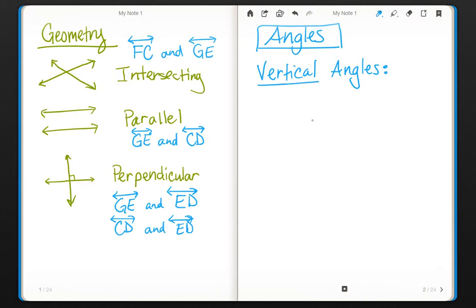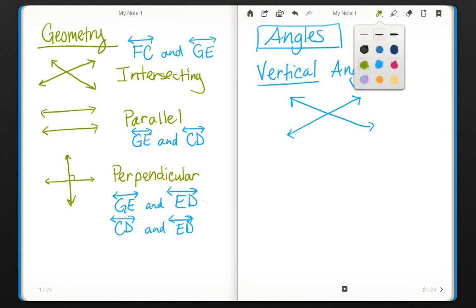And those are angles that share a vertex, and they're formed with intersecting lines, and they're diagonally across from each other. So draw two intersecting lines, and there's four angles formed here, and the vertical ones are the ones that are across. So they don't share a side, but they share a vertex.